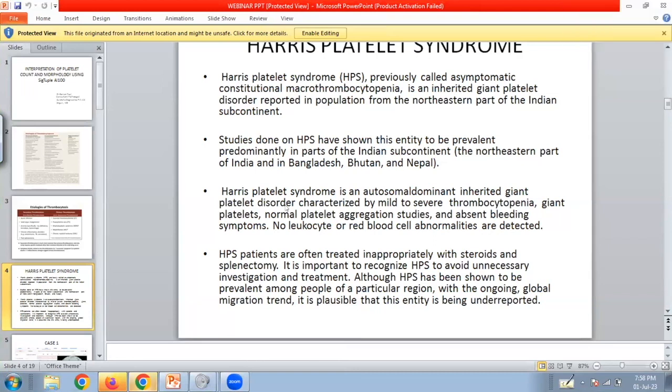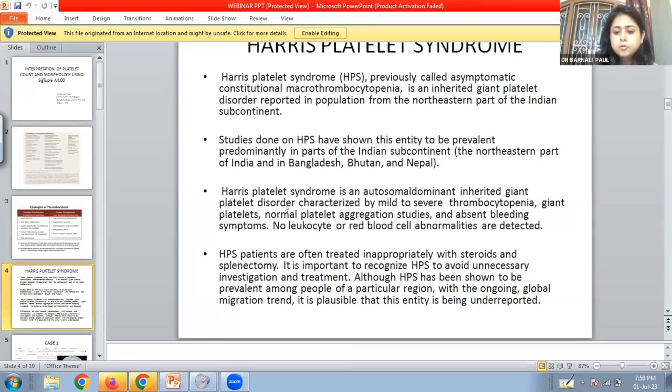Sure. Please go ahead. So as I was discussing about the Harris platelet syndrome, the concern why we should be aware of this particular syndrome is because it does not have very great manifestation. Many of the cases do not show any bleeding symptoms at all. So often patients are treated inappropriately with steroids and splenectomy.